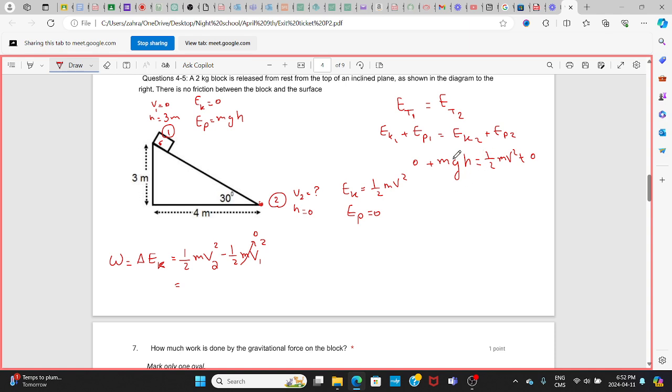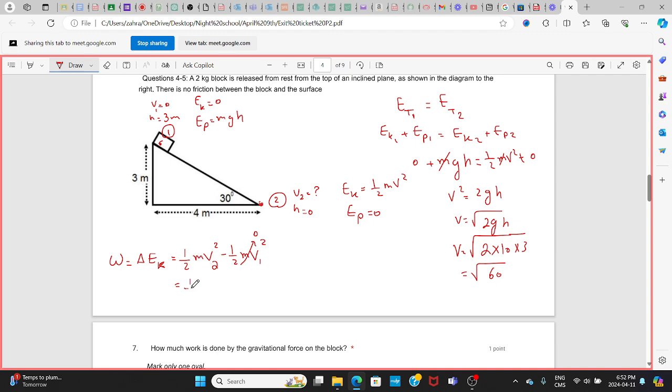So mass and mass cancel. Velocity squared is 2gh, and velocity is the square root of 2gh. And we know that g here, I just take it to be 10, and h is 3. So square root of 60, right?